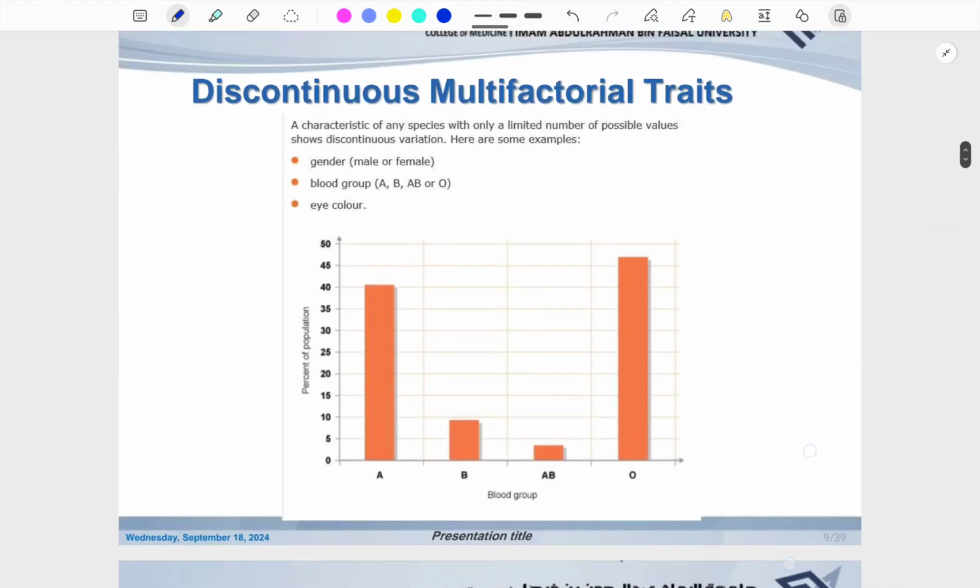The difference between continuous and discontinuous does not mean you have two kinds. You could have 3 kinds, 4, 5, 6 kinds, no problem. But they are not going up progressively, like age.